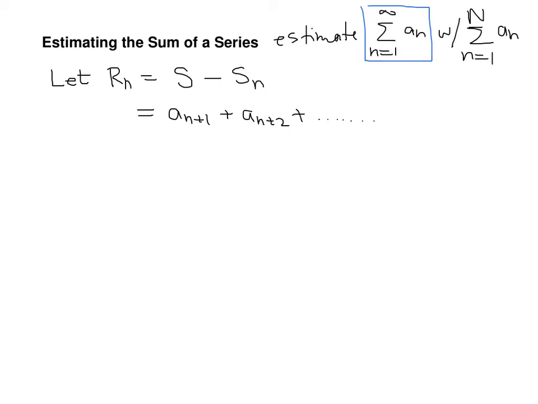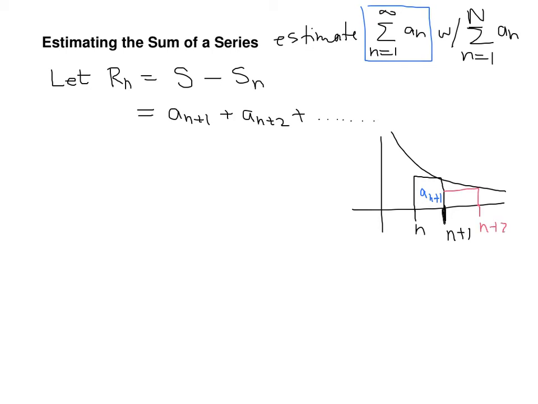And so looking at a picture of a decreasing continuous function, supposing this is n and this is n plus 1, if I make a rectangle like we did when we proved the theorem, the area of that box, because its width is 1, will be the same value as the a sub n plus 1 term. And the next point would be n plus 2, and the area of that box would be a sub n plus 2.